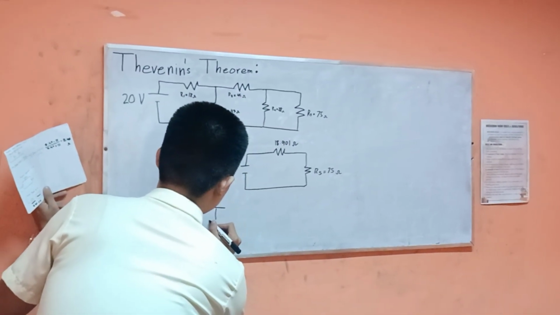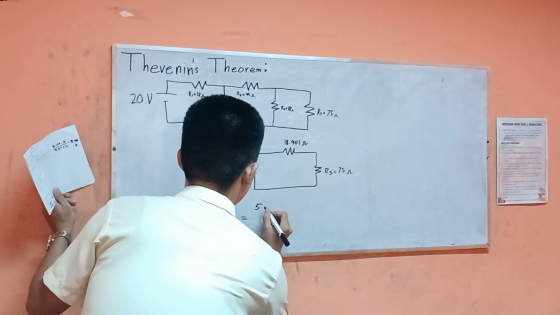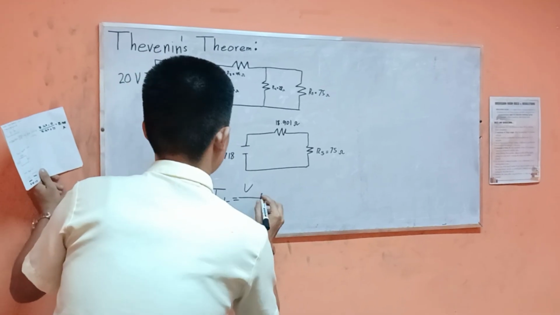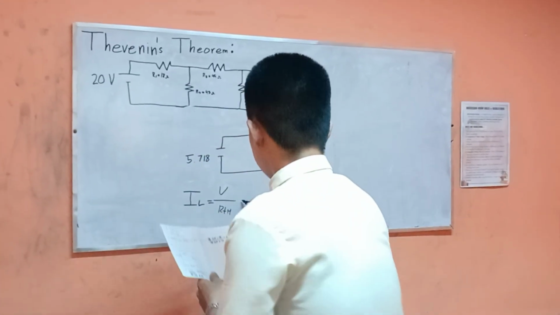we need to find current load is equal to voltage over RTH plus R5.